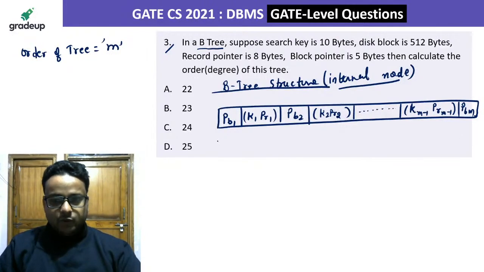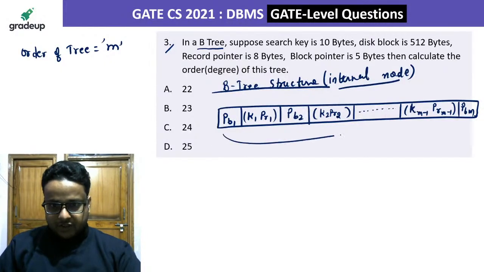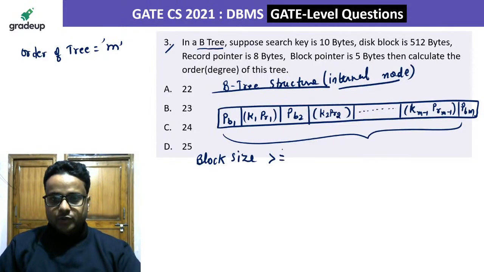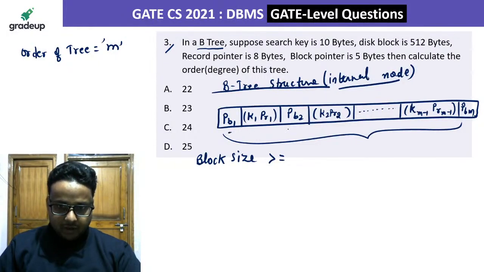Now if you take a generalized formula, the block size will be greater than or equal to the block pointers, 1, 2, 3 up to m.